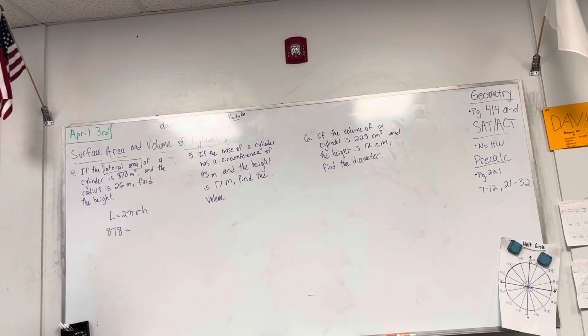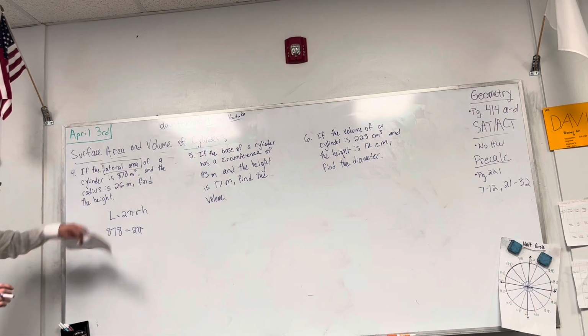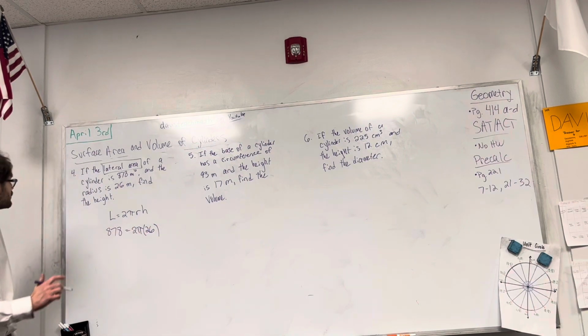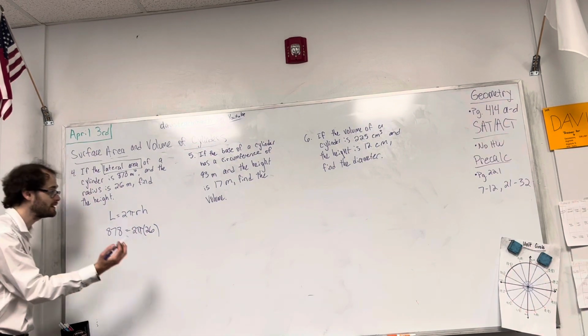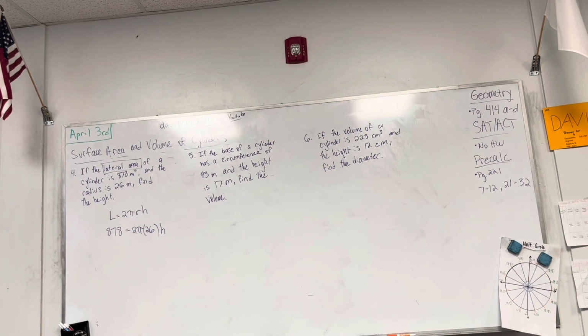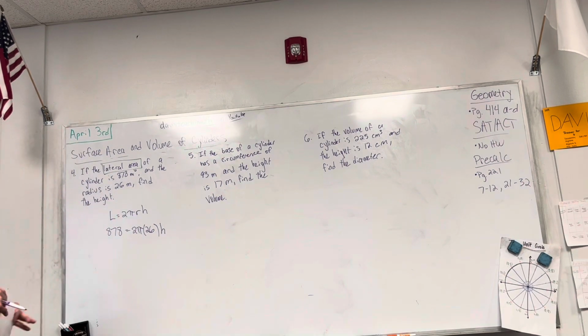This will all be equal to, let's see here, 2 pi. They told me the radius is 26. And they did not tell me the height. That is what I'm looking for. I gotta find the height, so this will remain h. Okay. So this isn't too bad. I've had y'all do stuff like this before, especially with the arc length and area of a sector stuff.